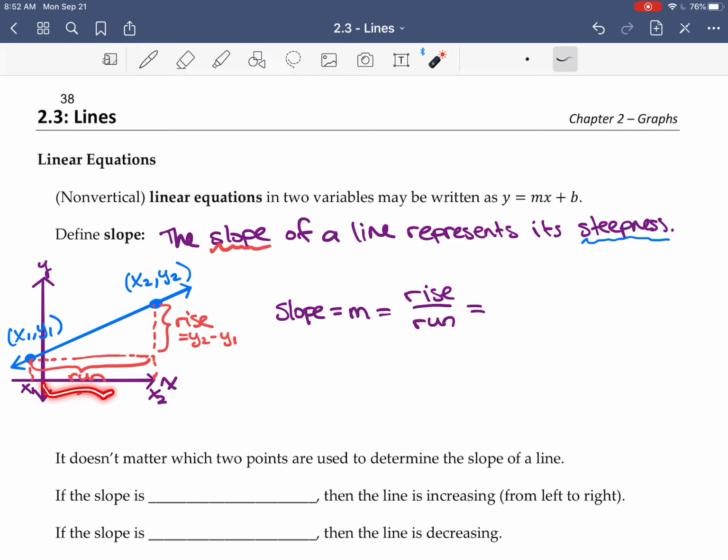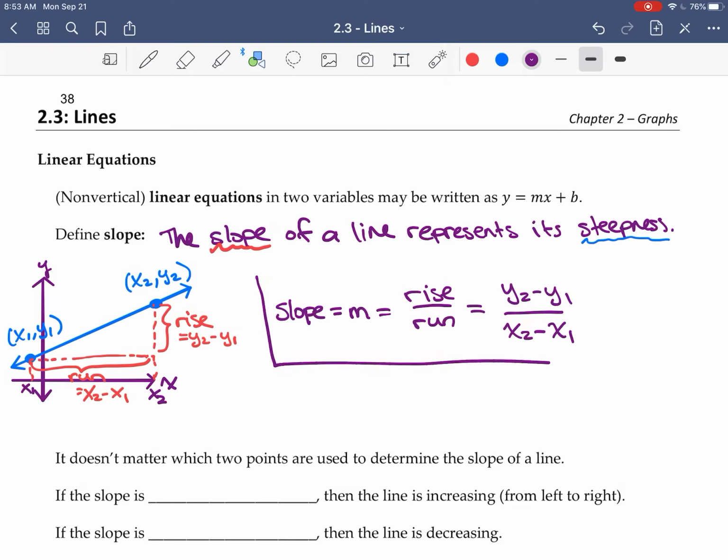This distance here is x2, and I want to add this little extra bit, x1. x1's negative, so if I do minus x1, it actually is a plus. So this is also x2 minus x1, and it turns out to always be that. So the rise is always y2 minus y1, and the run is always x2 minus x1. This is what we want to remember when we're thinking about slope.